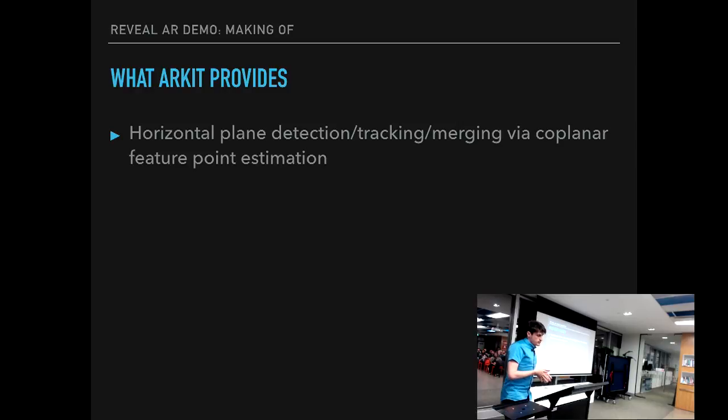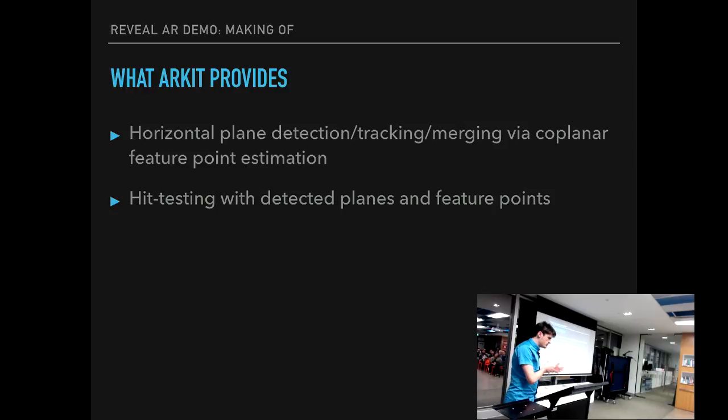It does allow you to do horizontal plane detection, tracking, and merging. So, for example, if you have 2 blobs of texture on your floor, it detects one blob, then another blob, then you move around a bit, it detects, oh, actually, these are the same planes. It will actually merge them together, which is good. It uses coplanar feature point estimation algorithms, again, using those feature points detected from the video buffer.